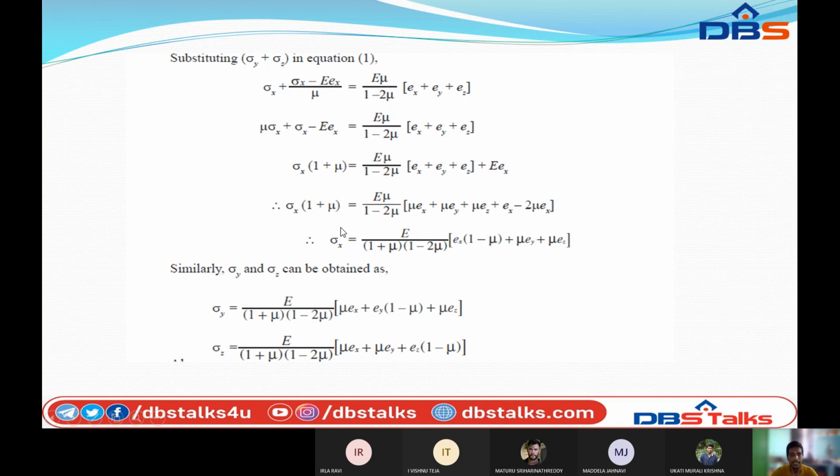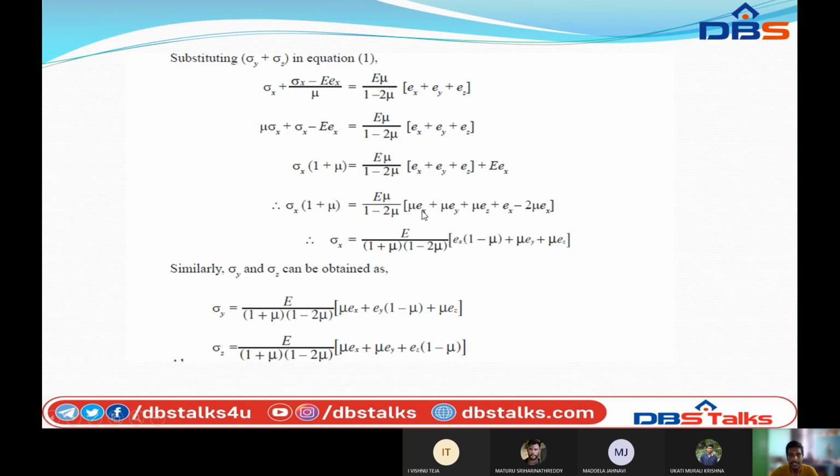After that, sigma x equals E by 1 plus mu into 1 minus 2 mu, taking Ex as common.